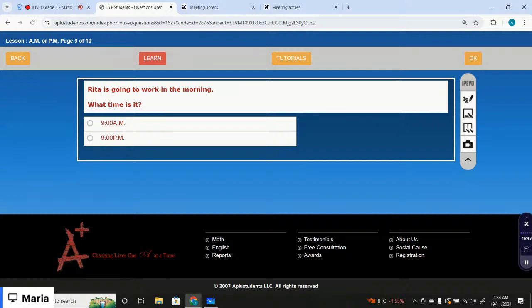Rita is going to work in the morning. What time is it? Which is the correct option? The correct option is that is 9 a.m. Option number 1 is the correct option.